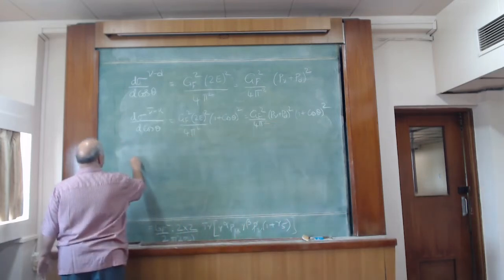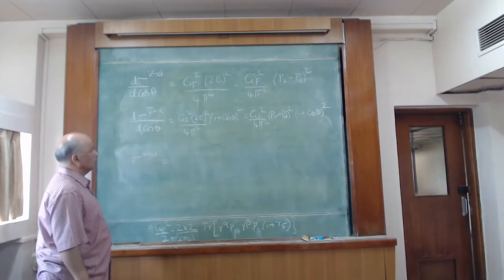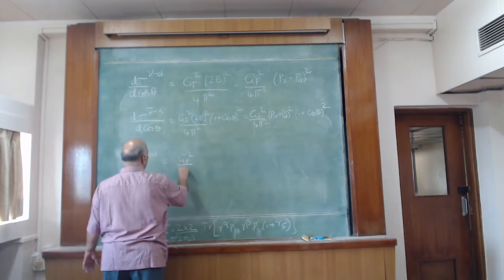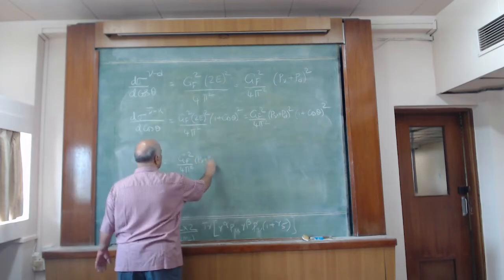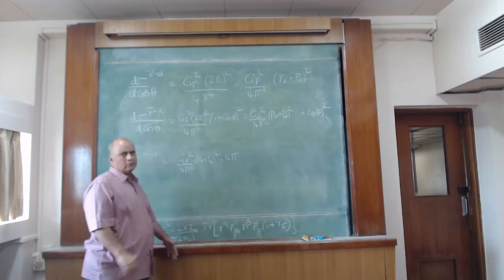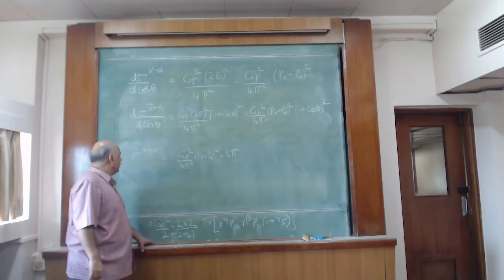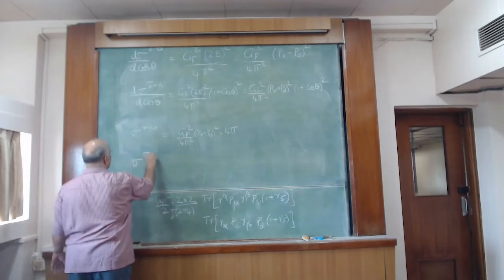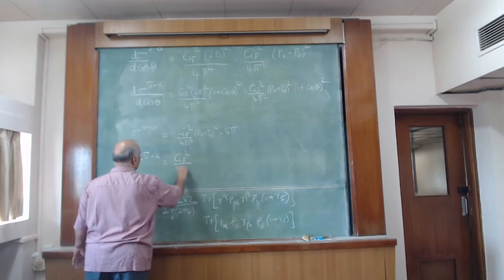Now, sigma nu d is GF square by 4 pi square times (p_nu plus p_d) whole square times 4 pi, because there is no angular dependence. Whereas sigma nu-bar u is GF square by 4 pi square.